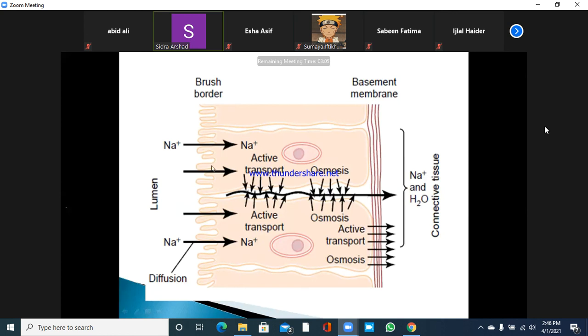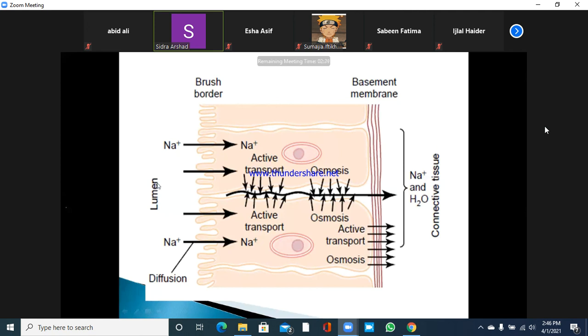And then because of the gradient which is developing because of this active transport, the sodium ions from the lumen basically diffuse into the cell because of that concentration difference. So it causes the net diffusion of sodium ions in this direction, and from inside the cell it is transported by active transport into the intercellular spaces and into the basal side so that it can move out of here and enter the blood or whatever its destination is.